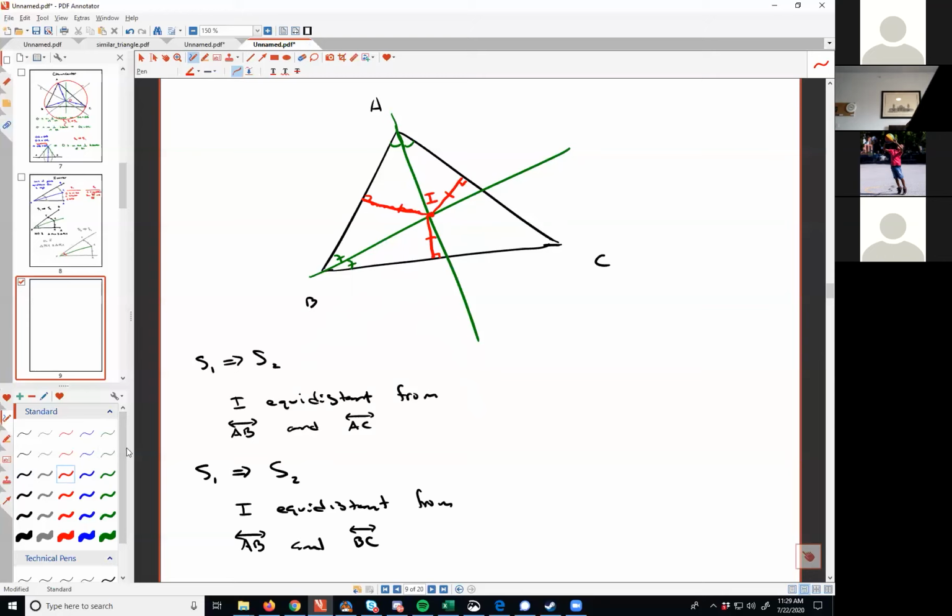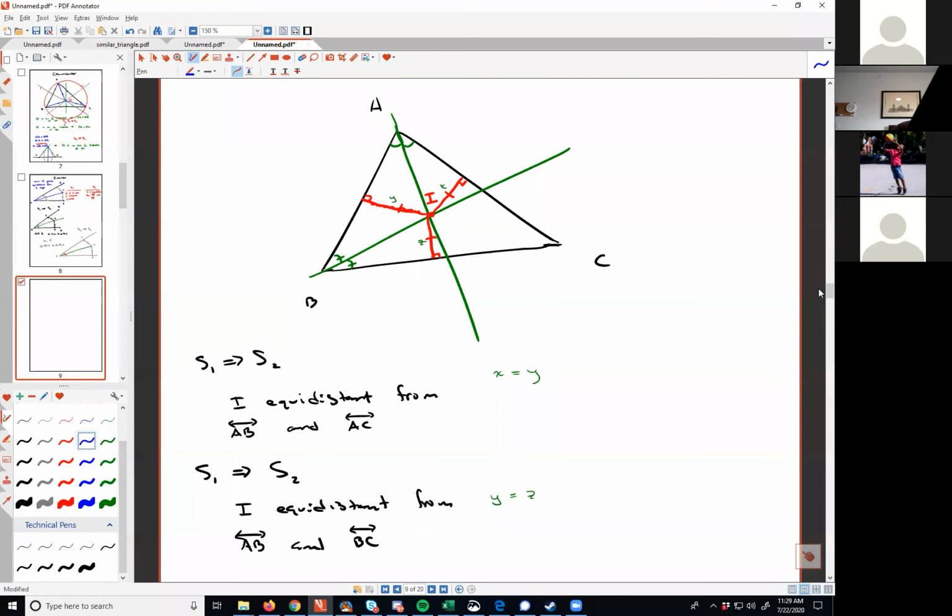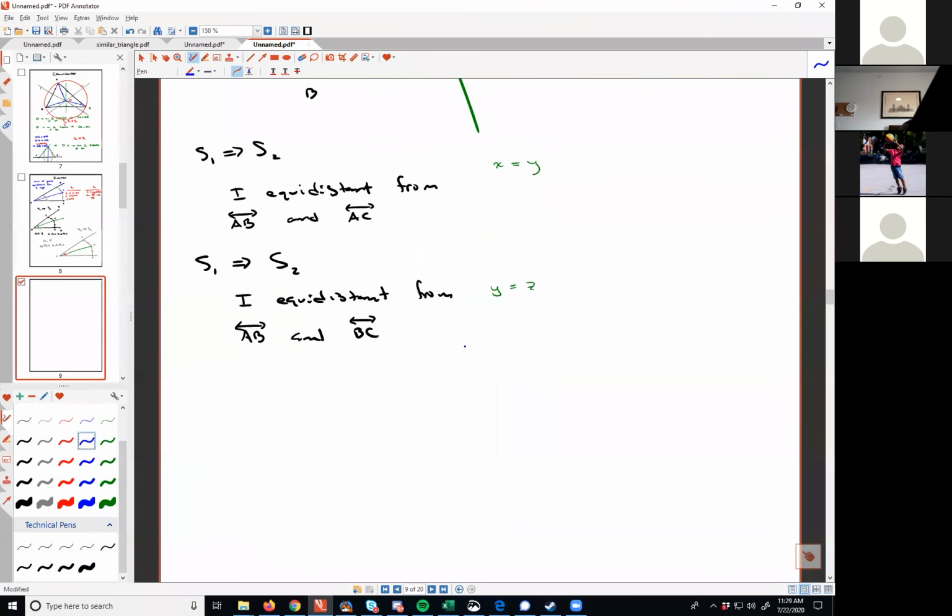So I'm gonna throw out 3 little variables over here. I'll call this X, Y, and Z. Those lengths. First time around we said X equals Y. The second time around we said Y equals Z. So by transitivity, what do we know? X equals Z. Okay, good.